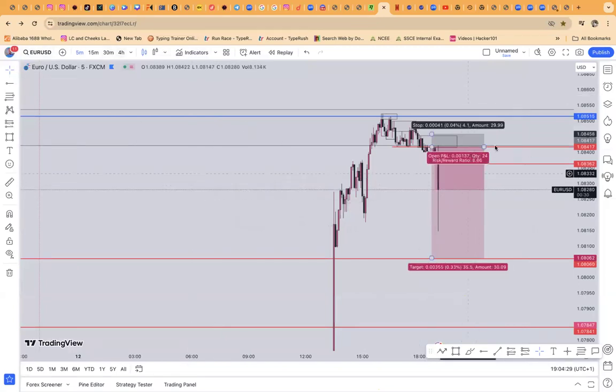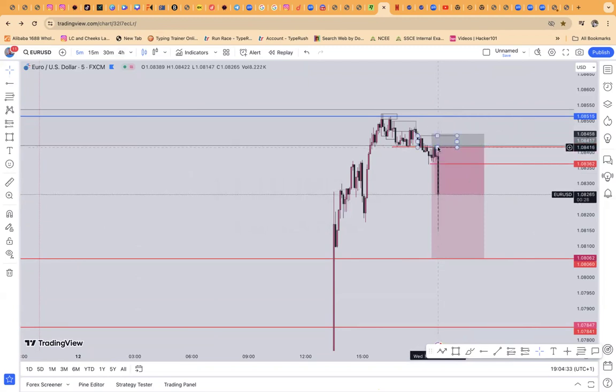And you can also see we were sniped in. You can see that snipe. And remember, price would not just want to drop down like that. It does it in a certain way.